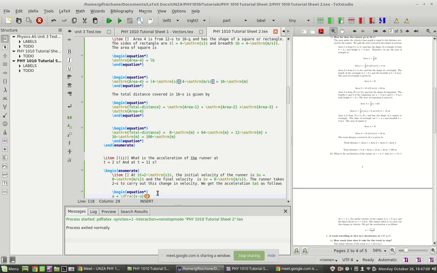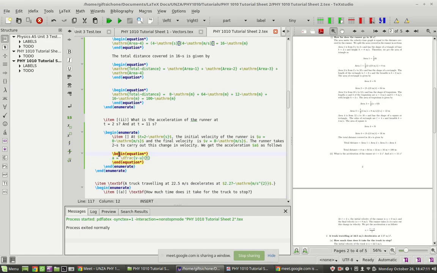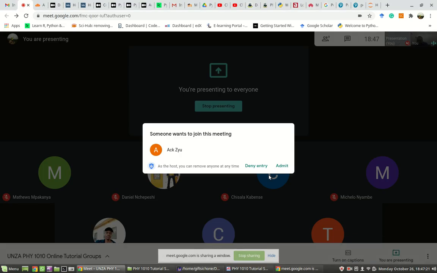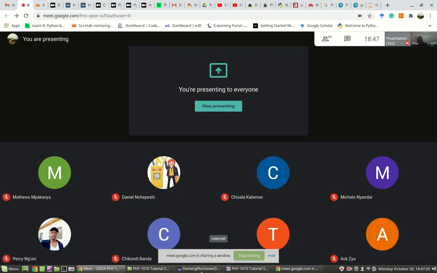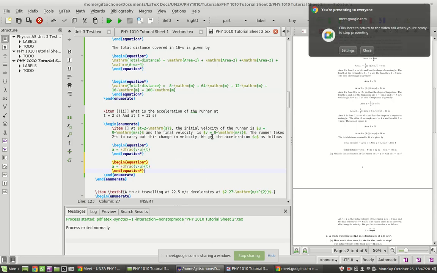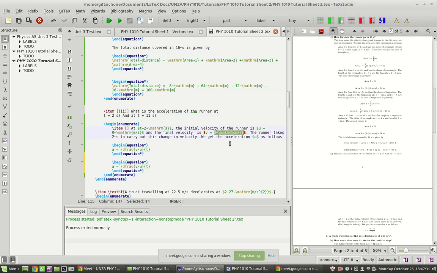In our case, the final velocity is 8 meters per second, the initial velocity is 0 meters per second, and the time it took is 2 seconds.